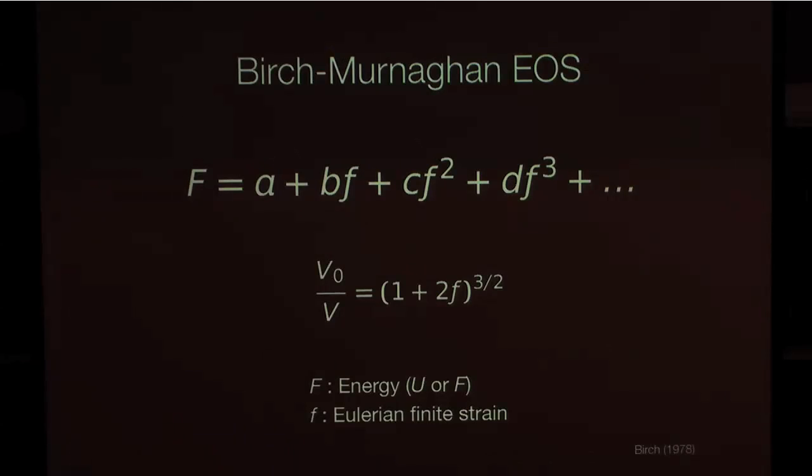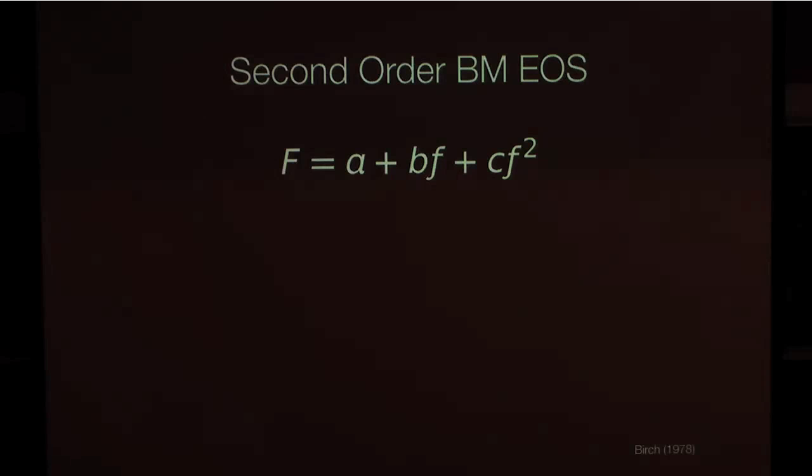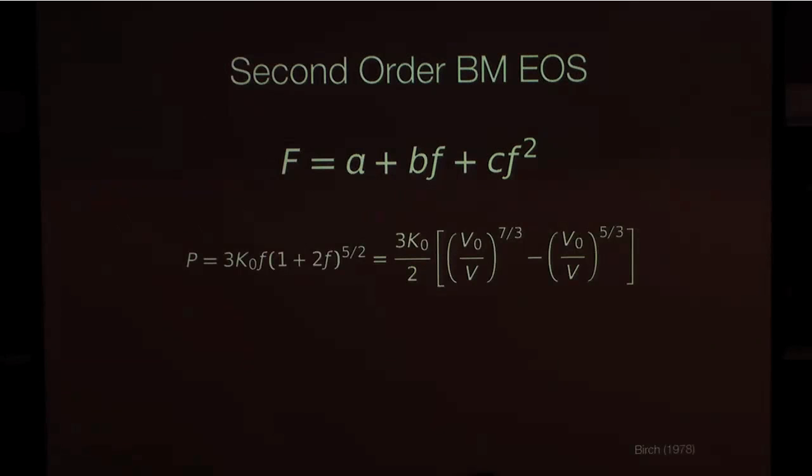So don't extrapolate. That's my first message. If you have data that covers up to 60 GPa, stop there. Anything you do above 60 GPa, you're taking a risk. We'll talk about it later. I'll show a slide later.